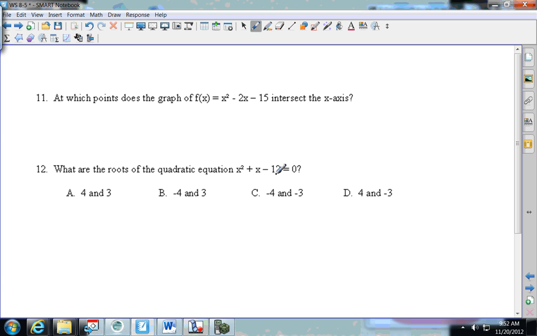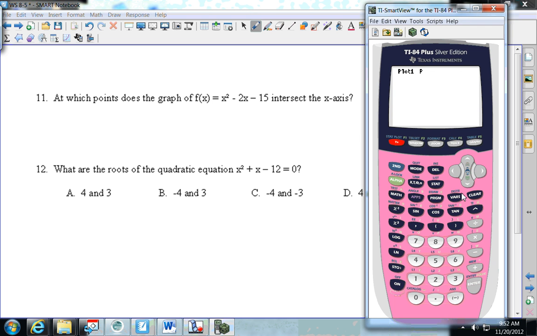Okay, so on number 11, at what points does a graph of f of x equals x squared minus 2x minus 15 intersect the x-axis? Well, when I go into the calculator, put in there x squared minus 2x minus 15, I can first press graph and see how many solutions I have. I see that it crosses in 2 spots. One of them is negative, one of them is positive.